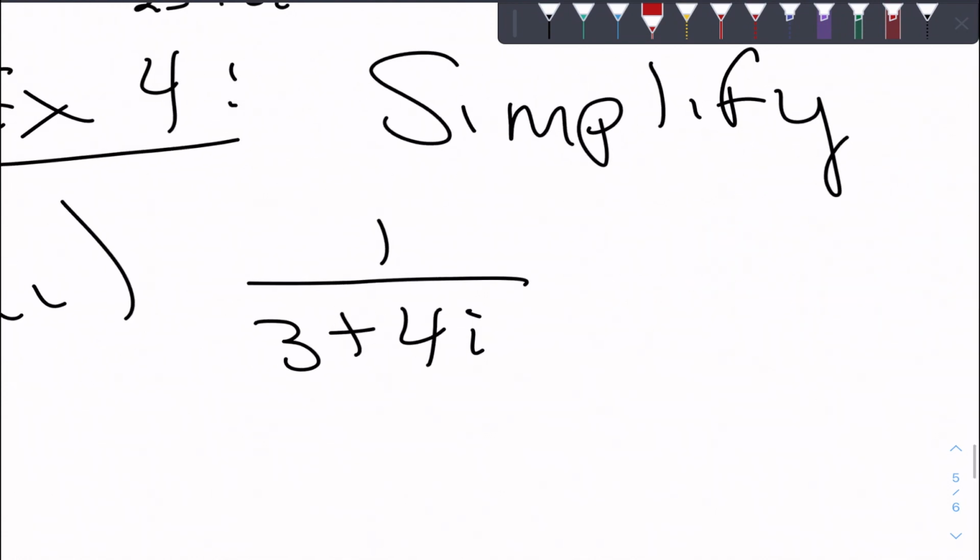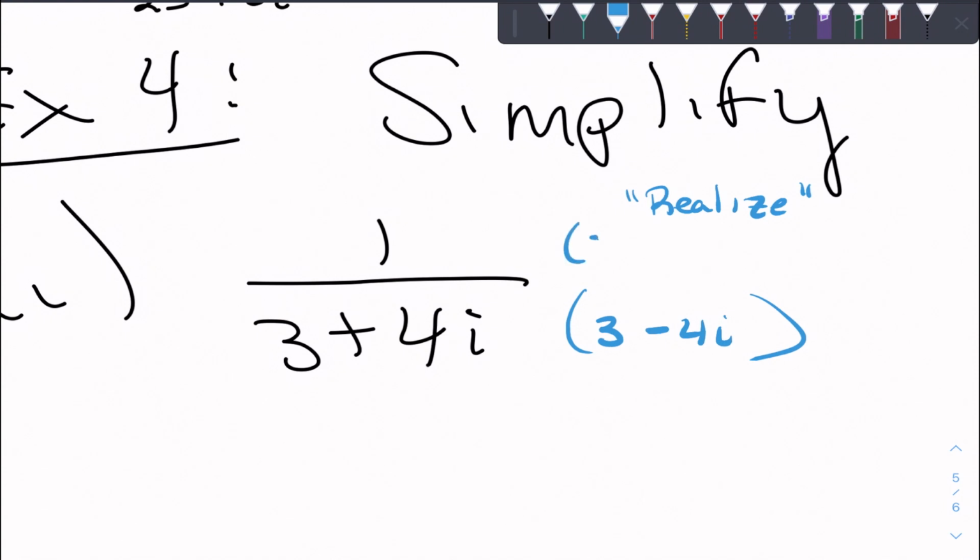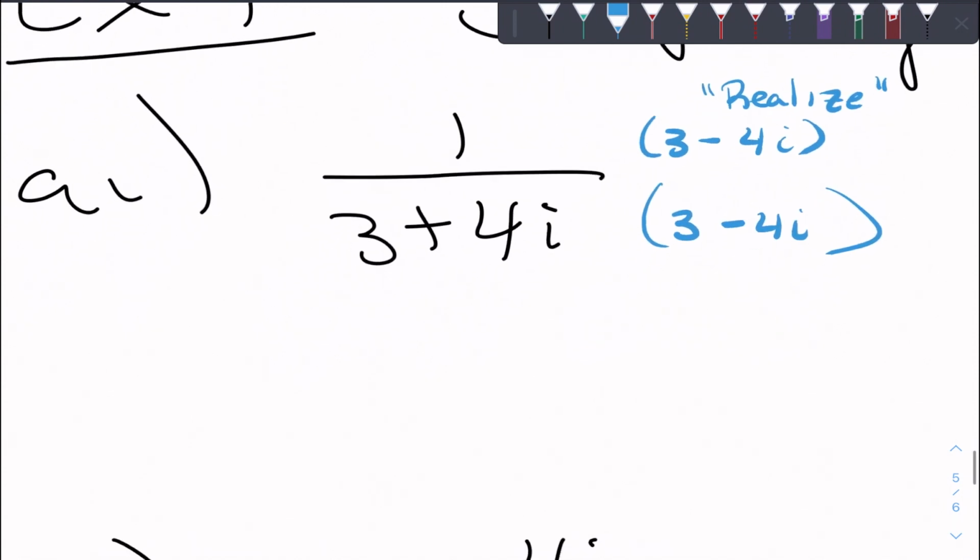So in a similar way, we are going to not rationalize, but realize this fraction, which means we're going to multiply by the conjugate. And by doing that, our numerator becomes 3 minus 4i. And as we saw, this is the exact same problem that we had before.